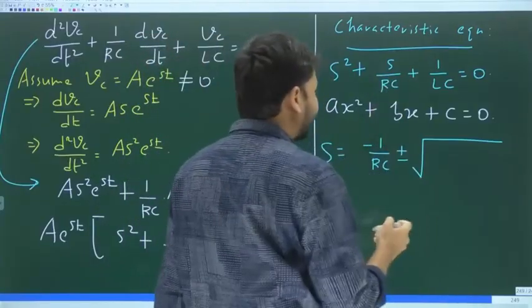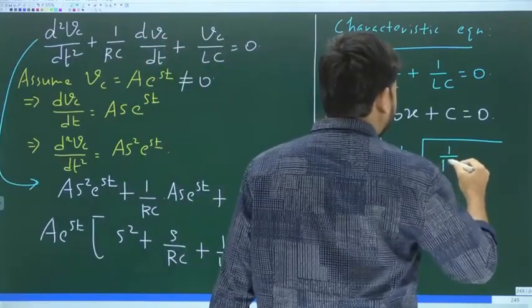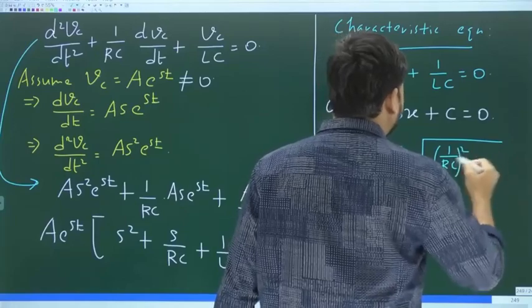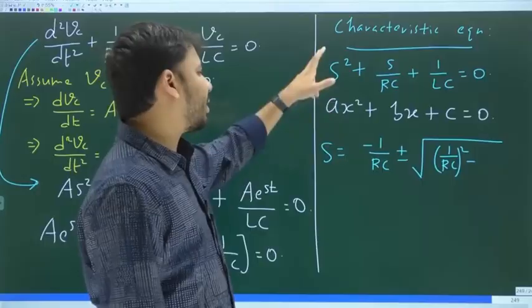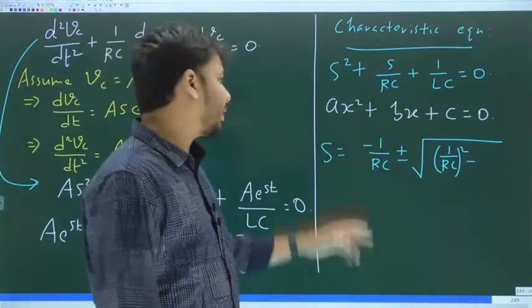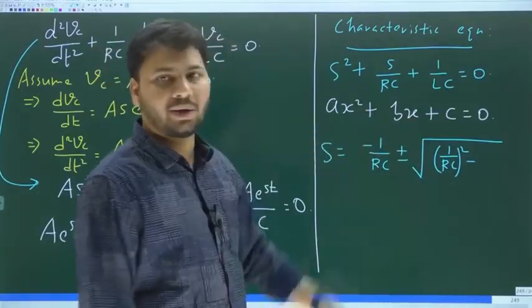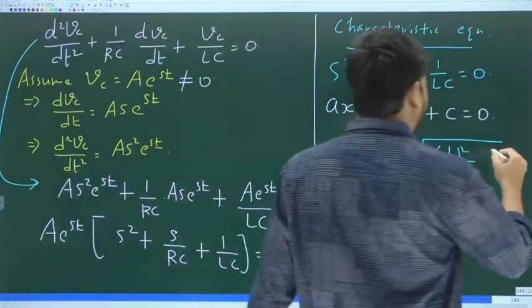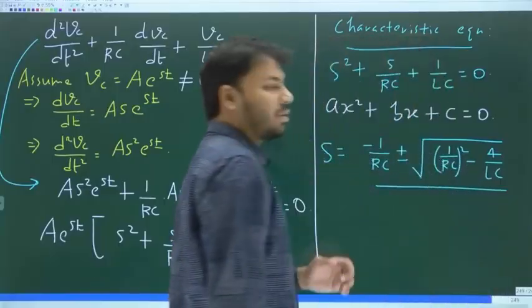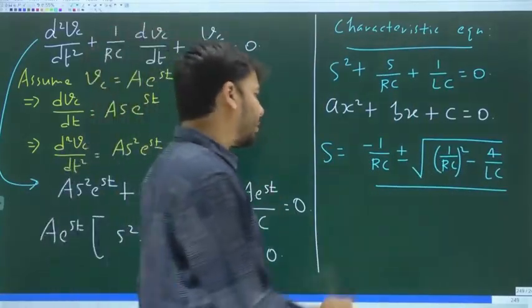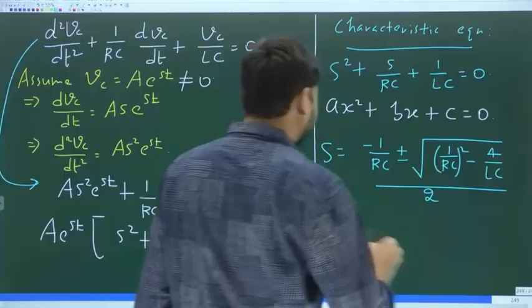Again b is 1 by RC, b square is 1 by RC square, minus 4ac. a is 1, c is 1 by LC, 4ac is 4 by LC. So minus 4 by LC, divided by 2a. Again a is 1, so it is just 2.